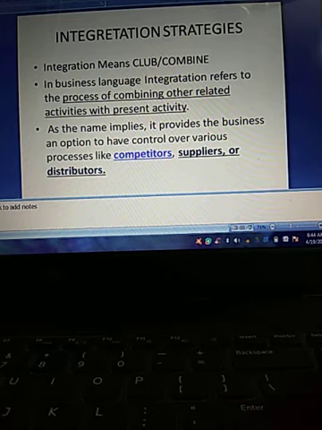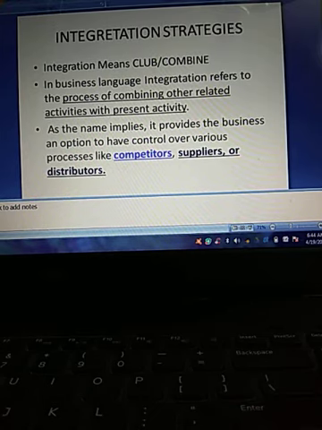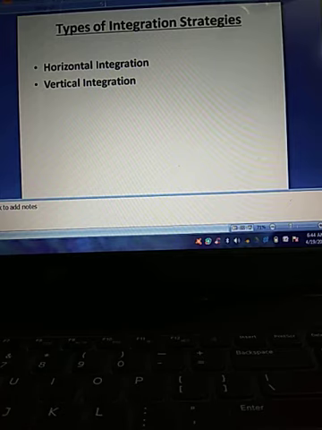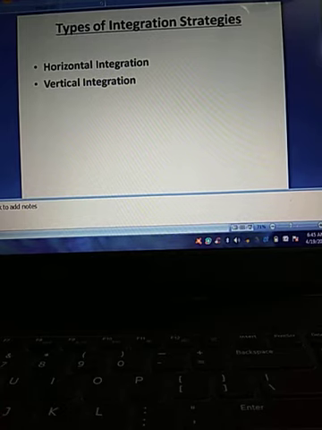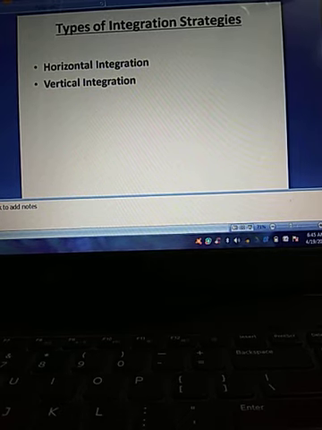Let us see here. There are two types of strategies: horizontal integration strategy and vertical integration strategy. What do you mean by horizontal integration strategy?